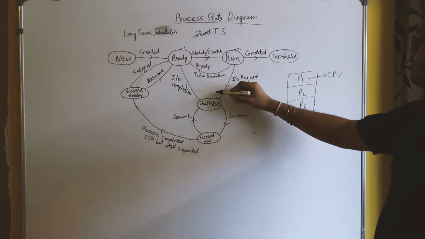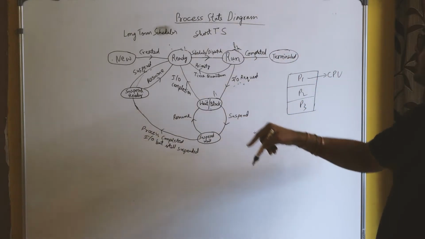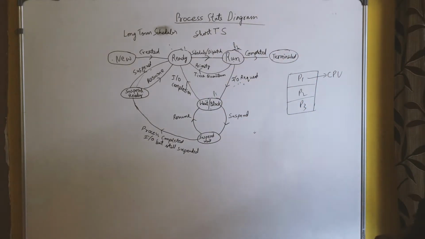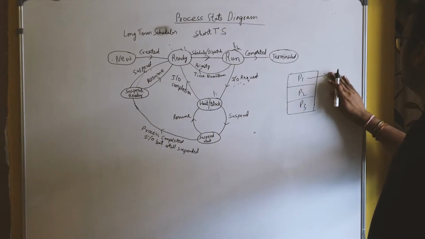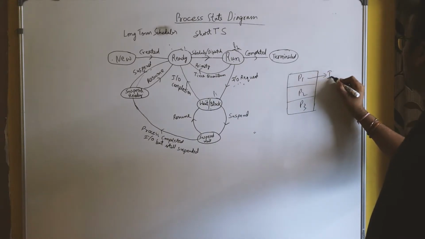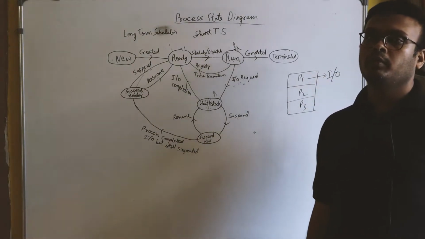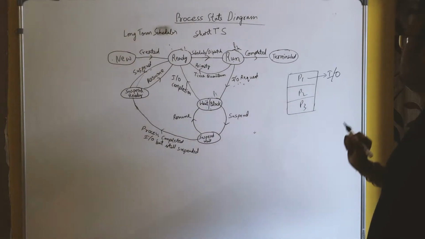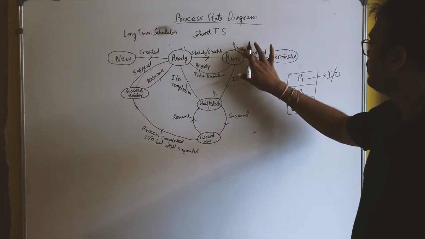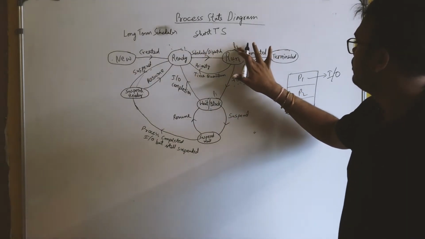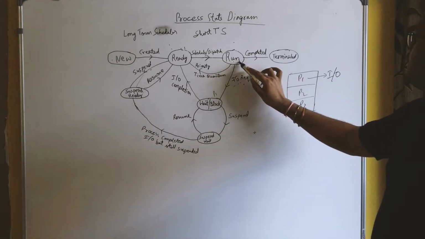Initially, suppose P1 was here. Now P1 will be here. Here P1 will be busy with the I/O. P1 was initially in a running state.